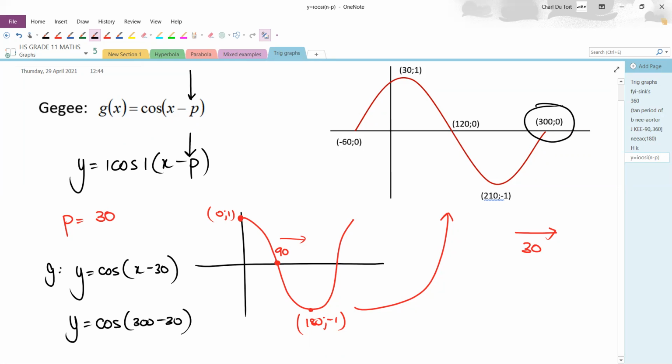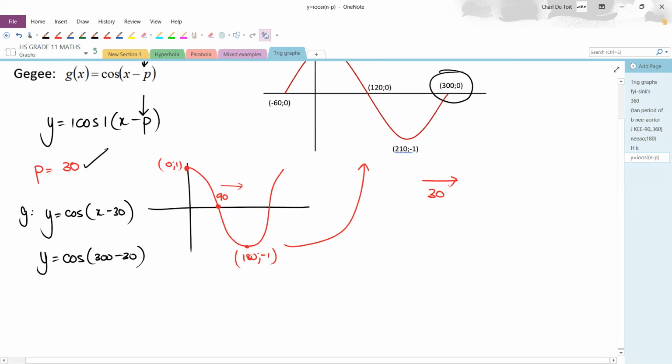So I'm typing in cos 300 minus 30, closing the bracket. I get 0 as an answer. Good. That means that's correct. If I had it wrong, if I had y equals cos x plus 30, and then I type, say for instance, 210 in, I won't get -1 as an answer.